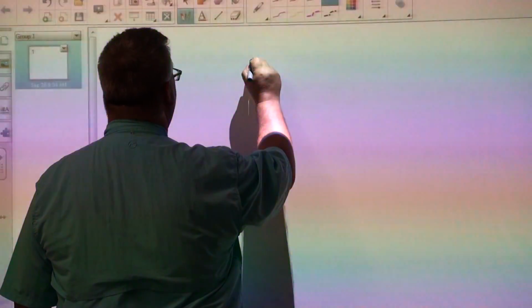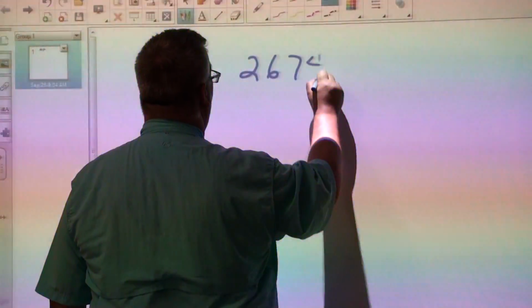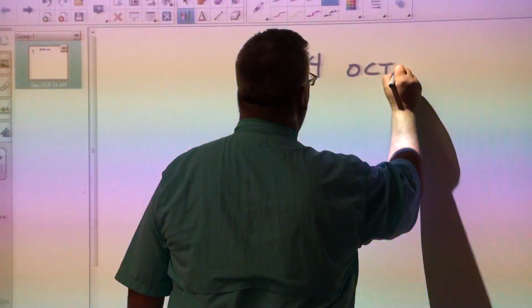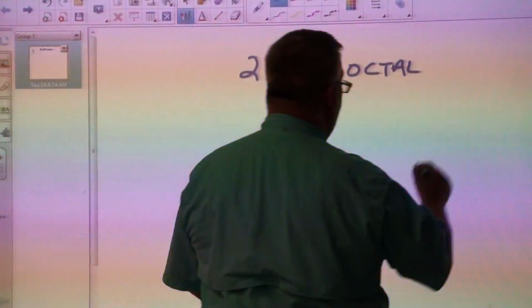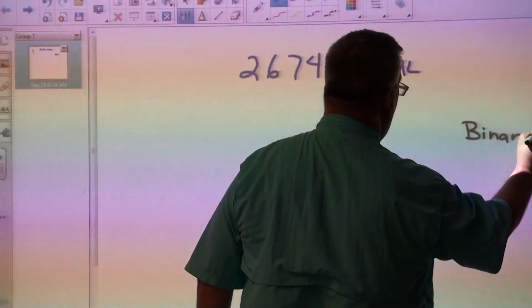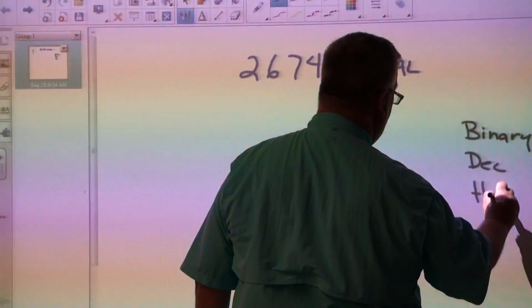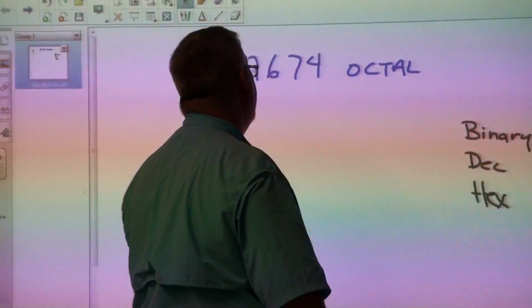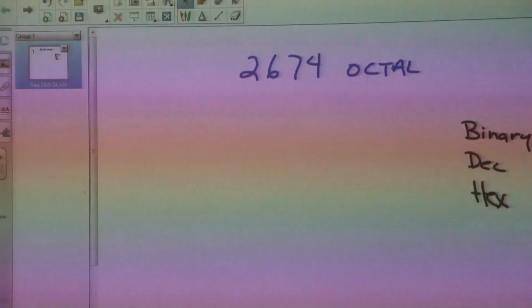All right, let's do 2, 6, 7, 4 octal. And we want binary, we want decimal, we want hex. I'll give you a minute to work through that one independently, and then we'll do it together.